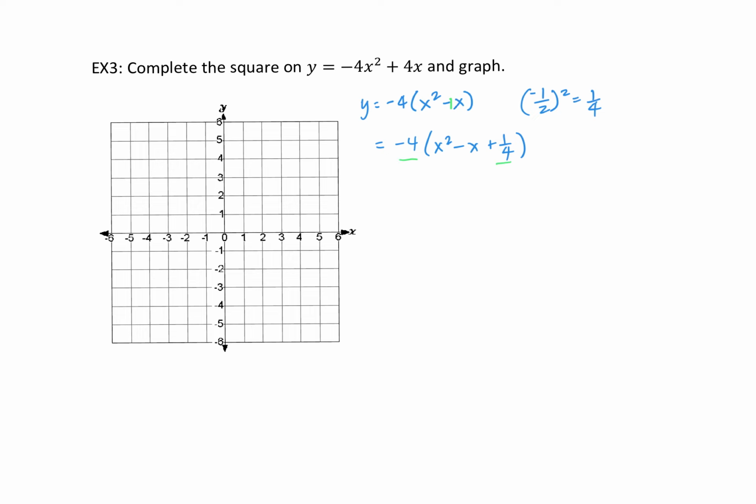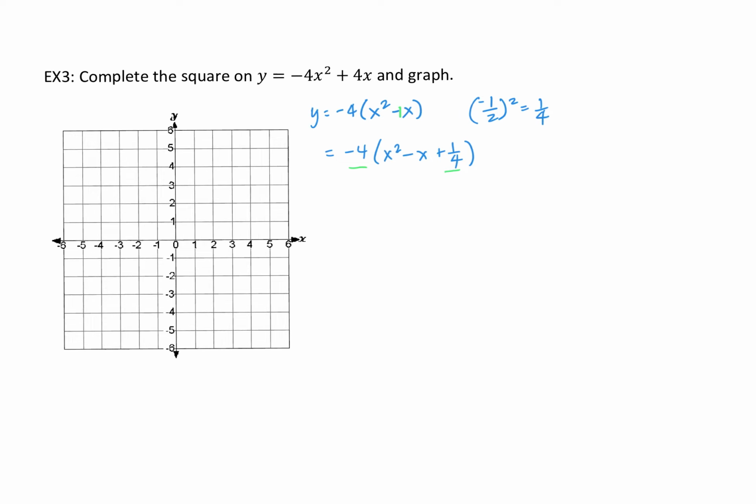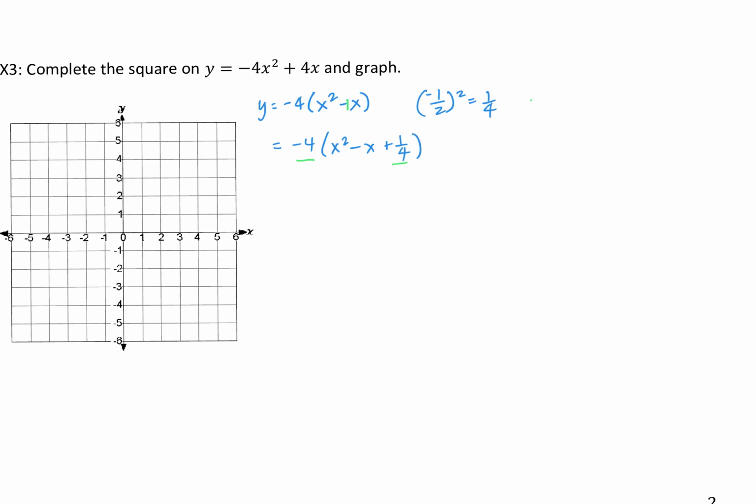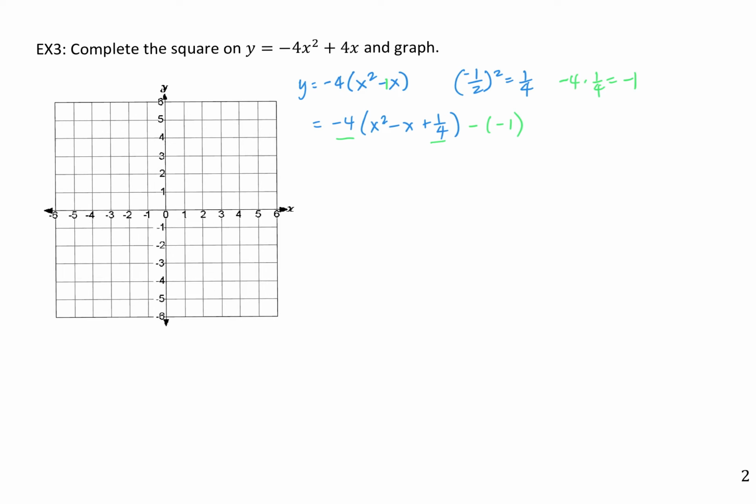So remember, we're supposed to multiply those two together and then subtract that out. So that would be -4 times 1/4. Let me write that down up here. That would be -4 times 1/4. That would give me a -1. So I'm supposed to subtract -1, which is the same as adding 1.